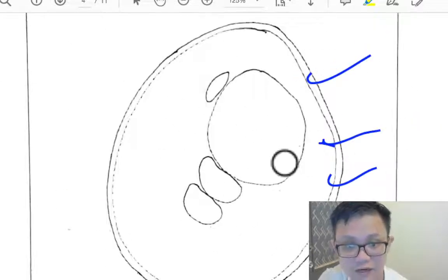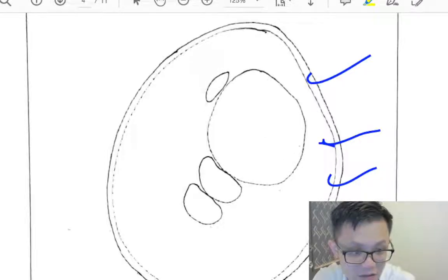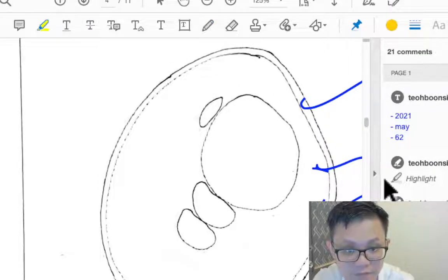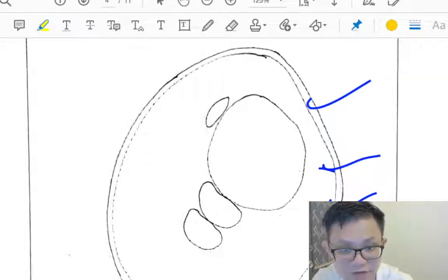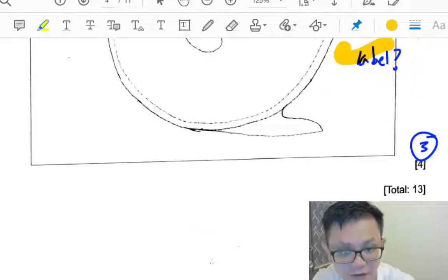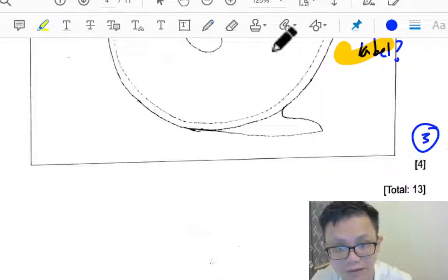It shows the cell wall and vacuole, so I give correct. Let me take my pen. So this one I still give correct, and the student will get 4 marks for this one. But I think it is better to label.